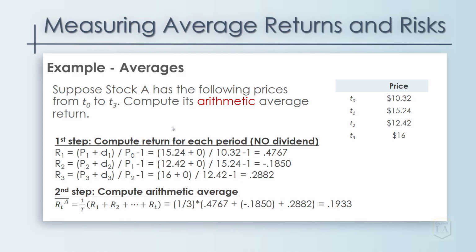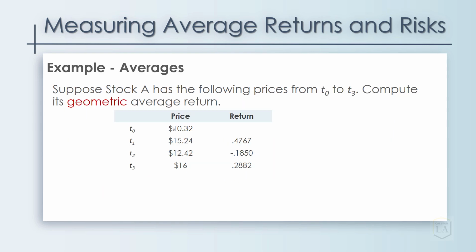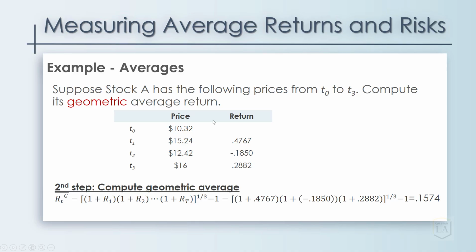And then there is another average that you need to compute, which is the geometric average return. Once again, we'll be trying to compute a per period return that would give us the same result as what all the returns that you're seeing here would give when compounded together. To do so, we are just going to apply the formula that we learned before.